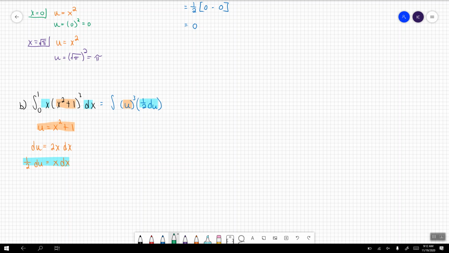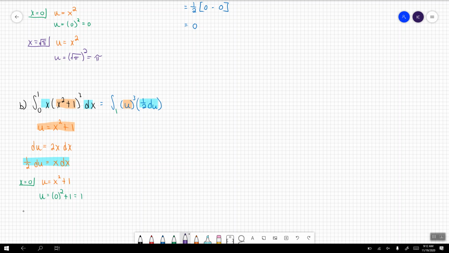Now I need to change my limits of integration. Lower limit of integration is x is equal to 0. Let's insert that into my function that I initially made the substitution for. If x is equal to 0, then that means u is equal to 1. Lower limit was x is equal to 0, now my lower limit is 1.